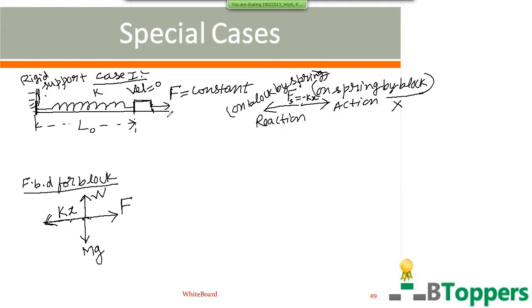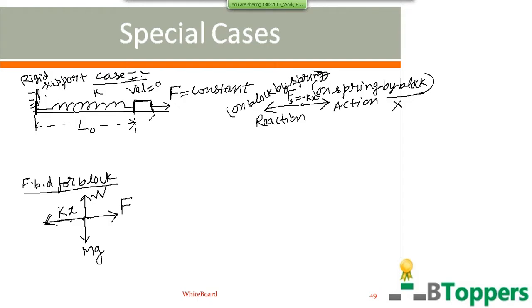The block is initially at rest and this constant force F is applied on the block towards right. Now how does the velocity of the block change during the subsequent motion? The velocity of the block first increases from 0.